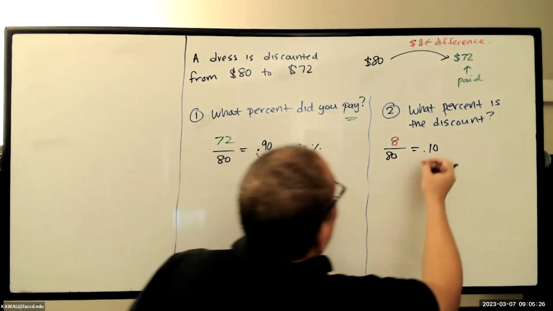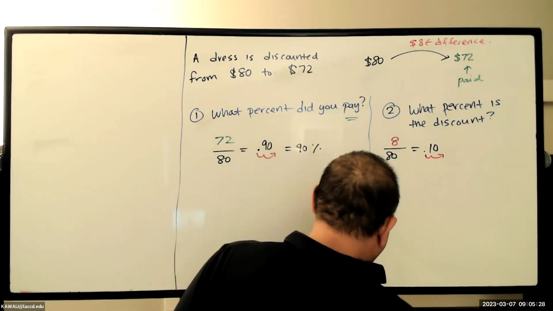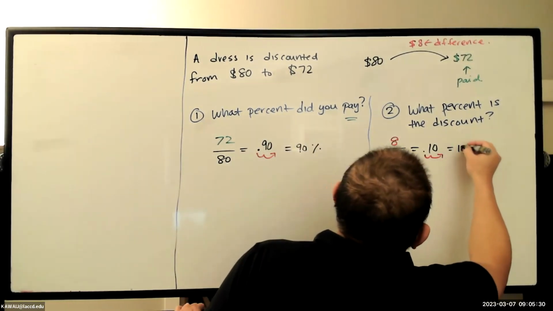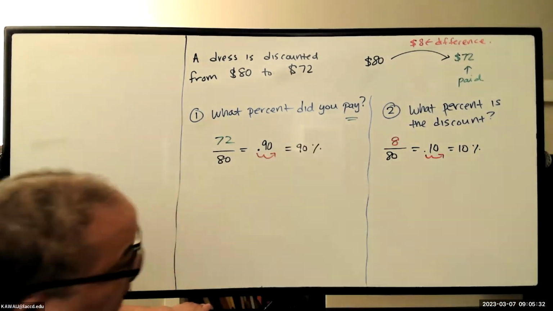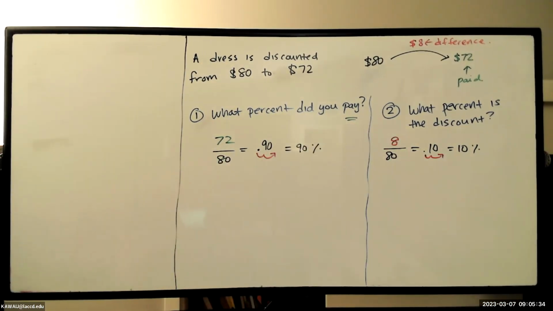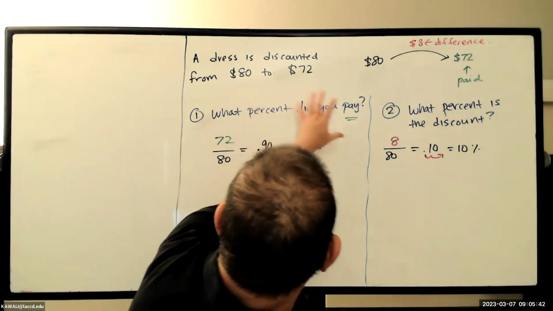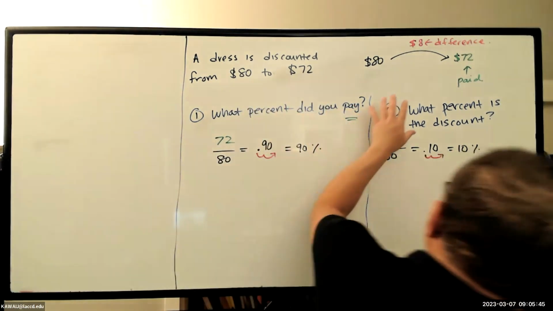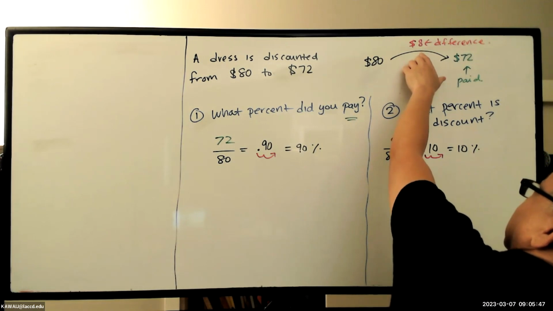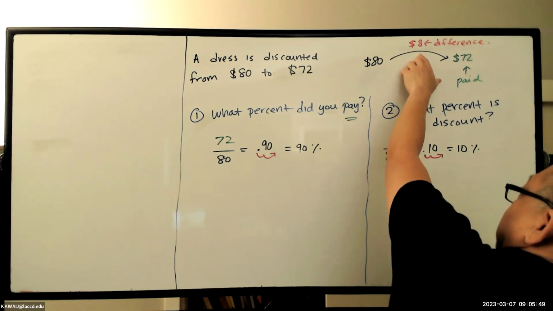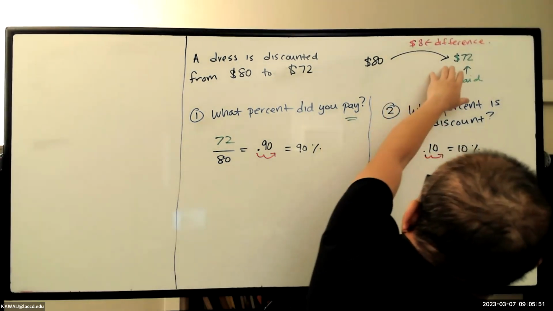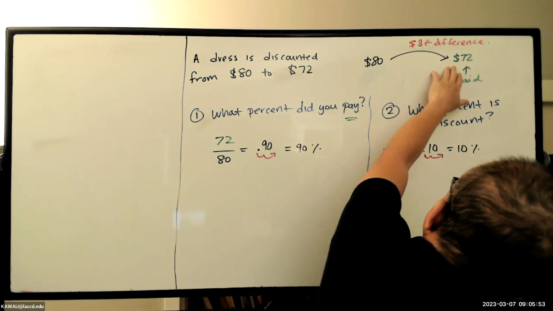We'll move the decimal 2 places and we'll get 10%. So this is the question that you have, right? The number that they're asking for, are they asking for the difference? Or are they asking for what number did I get at the end?